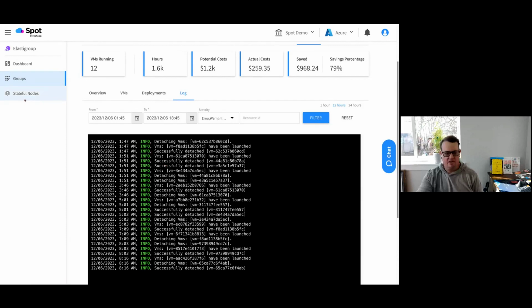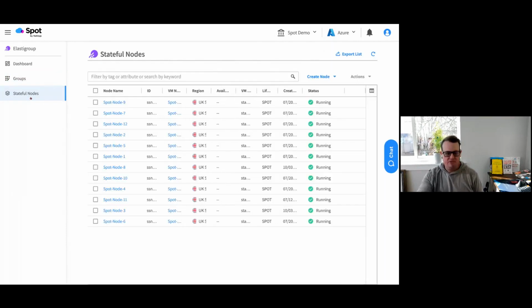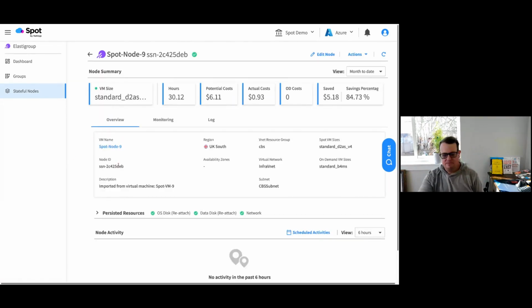And you're looking over here on the left-hand side, and you see stateful nodes. Well, that means we can support your stateful applications, meaning we can put your stateful workloads on Spot instances, getting you that immediate savings without impacting stateful applications. Click on a node here. You can see what region we're running it in.